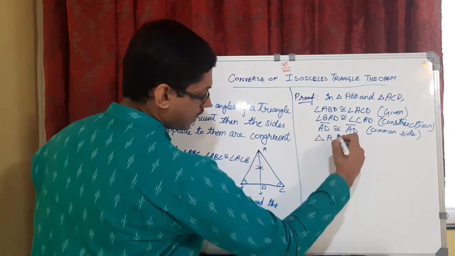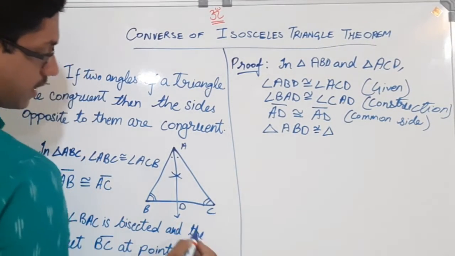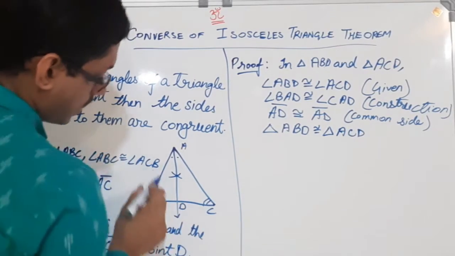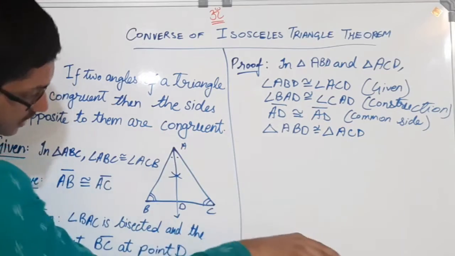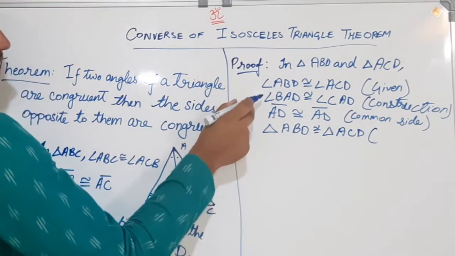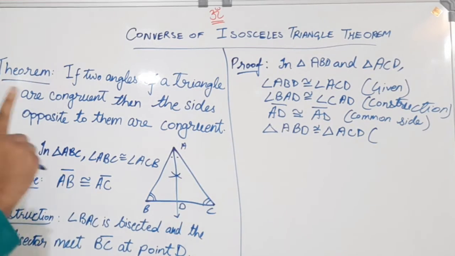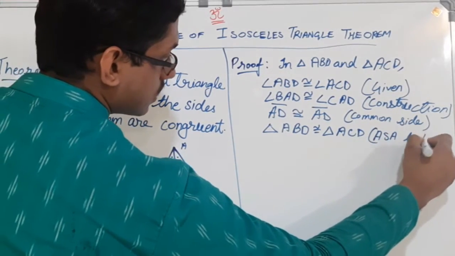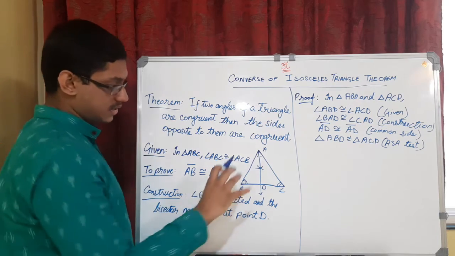So triangle ABD is congruent to triangle ACD, which is by, no, here it is ASA test. Two angles, one side given, ASA test.